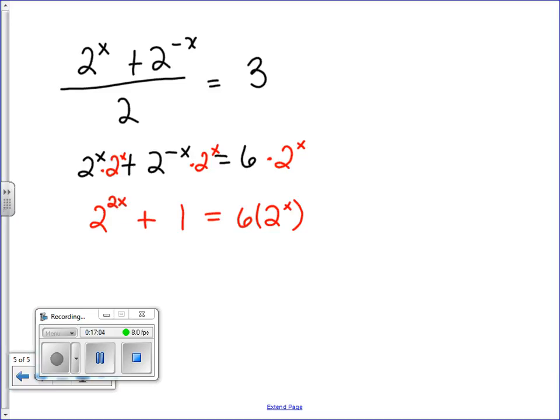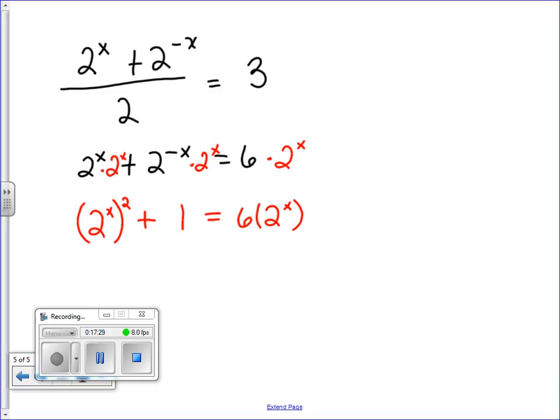In fact, I'm gonna rewrite this one. Now we're gonna do, remember way back when we had factoring in quadratic form?